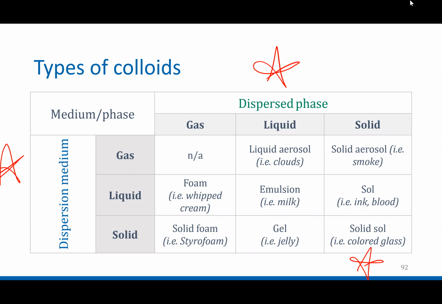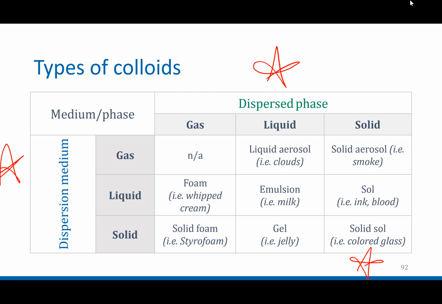All right, so the dispersion medium, you could picture that like the solvent. It's really not a solvent or solute situation, but it's a good way to think about this. The dispersion medium is the chemical that's in the bigger amount.